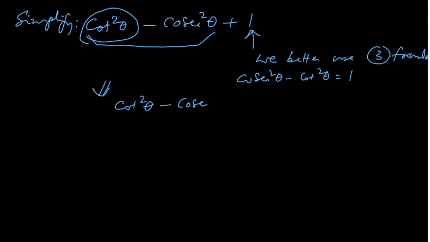So you substitute cosecant square theta minus cot square theta, everything gets cancelled, and it equals 0.